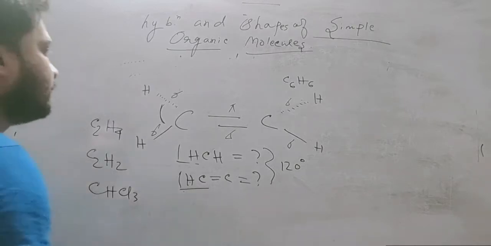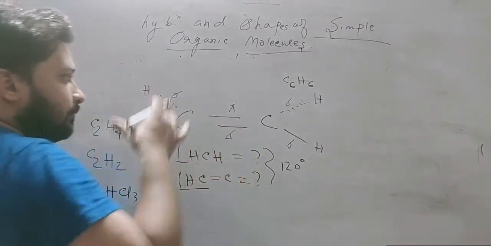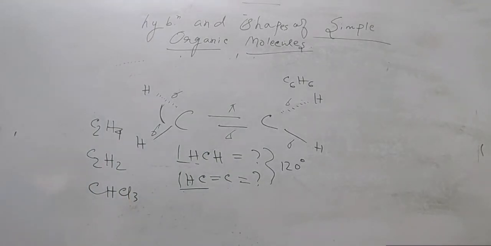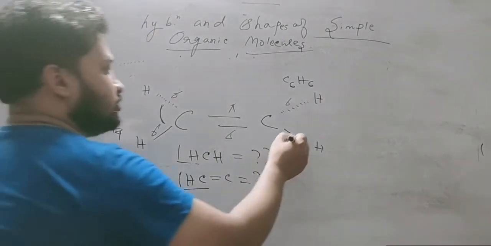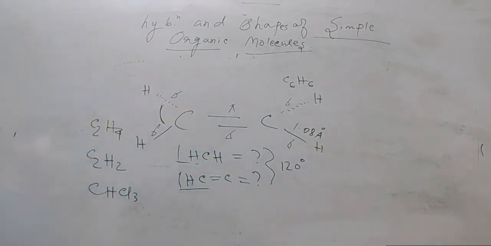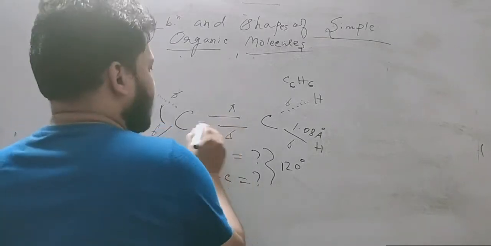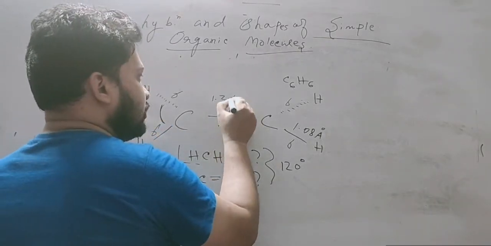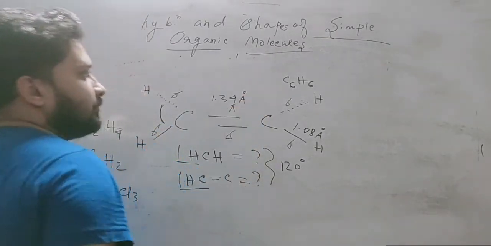But the bond length, carbon and hydrogen is 1.08 angstrom, and carbon-carbon is 1.34 angstrom.